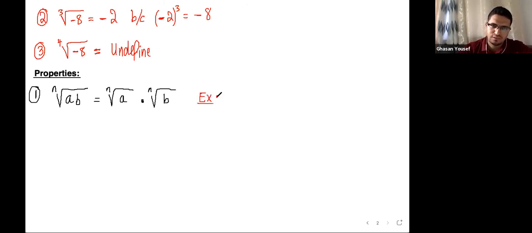the third root of minus 27 times 64. So this is actually equal, we can split the radicals into two radicals. The first radical has minus 27, the second one has 64.